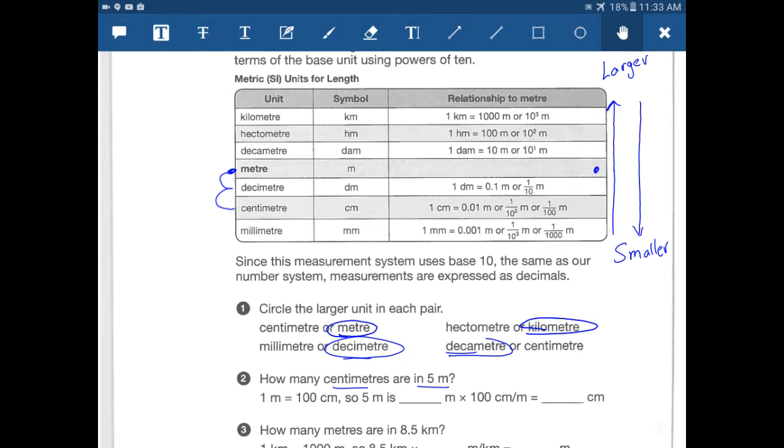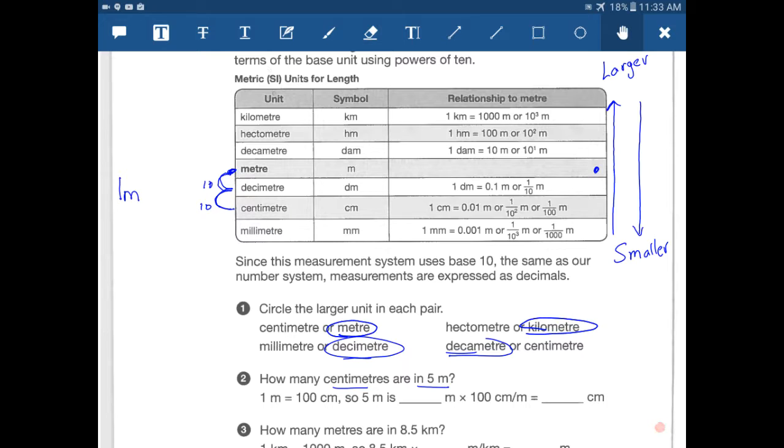If we had 1 meter, how would we figure out how many centimeters we have? Well, we would go 10 and 10, and as you know, 10 times 10 is 100.